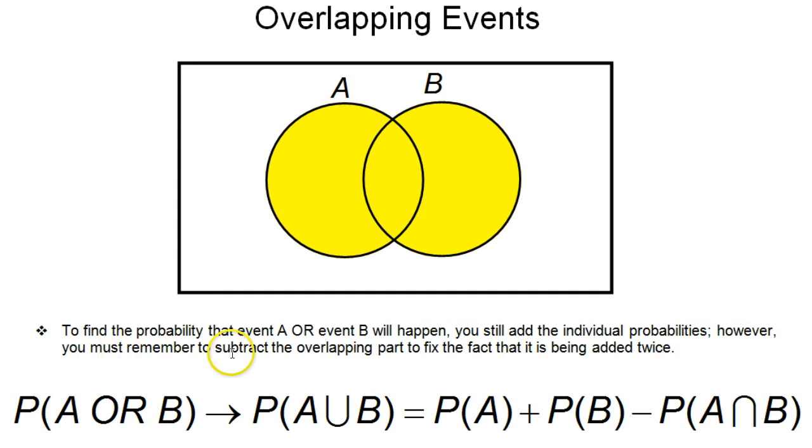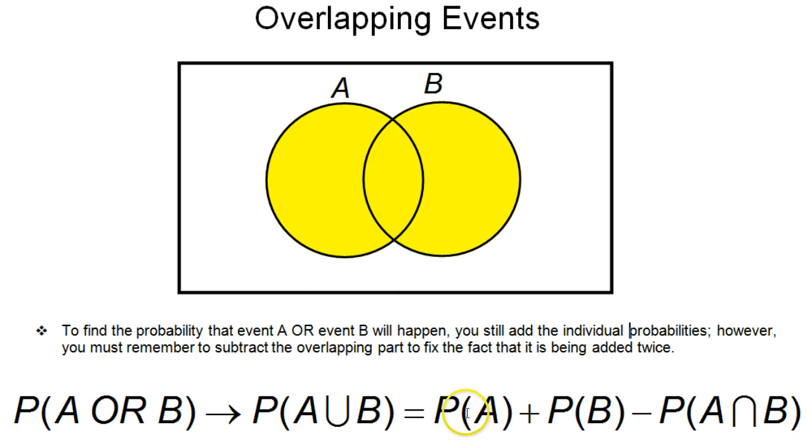However, you must remember to subtract the overlapping part. Alright, that's the key. I'm going to say it again. When you have an overlapping part, if you want the union, the total area of both, you have to subtract the overlapping part to fix the fact that it's being added twice.